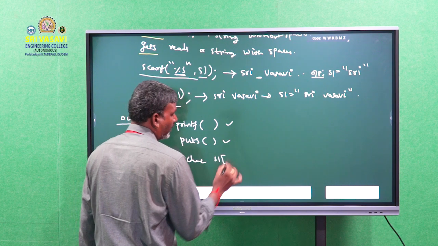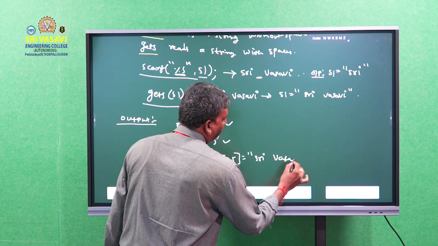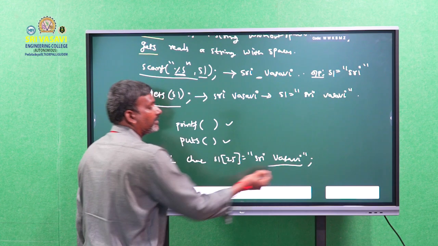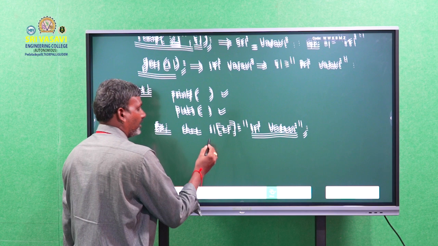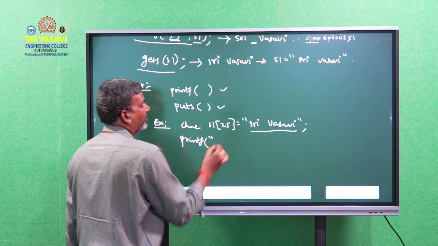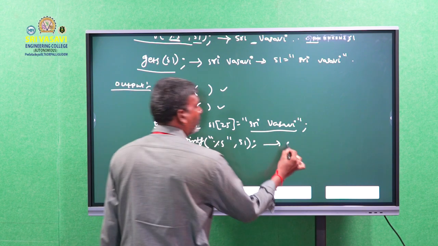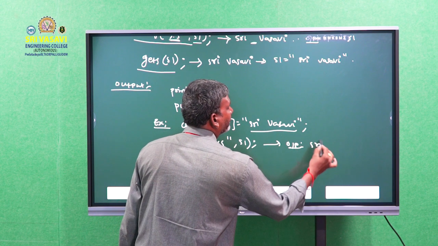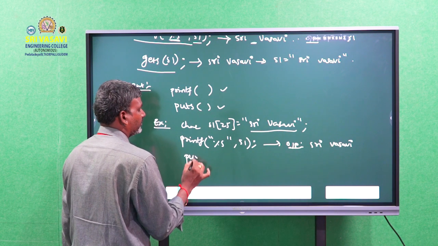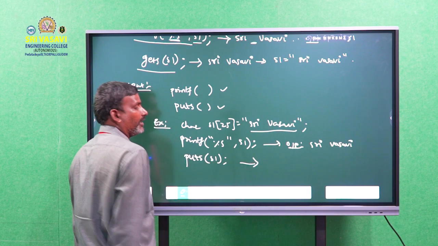Then the example: char S1 of 25 is equal to Srivasavi. S1 is a variable name which contains the string Srivasavi. I want to display the string by using printf percentage s comma s1. Without any errors or warnings, the output is Srivasavi. The same with puts of s1, also without any errors or warnings.